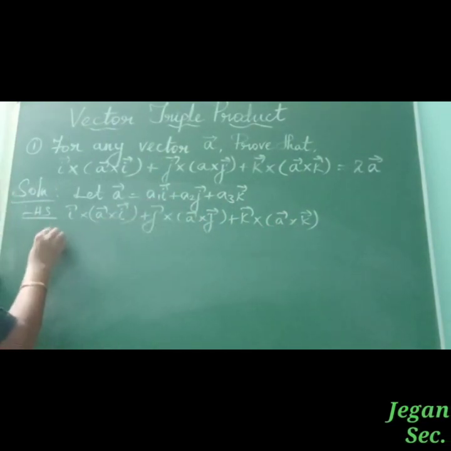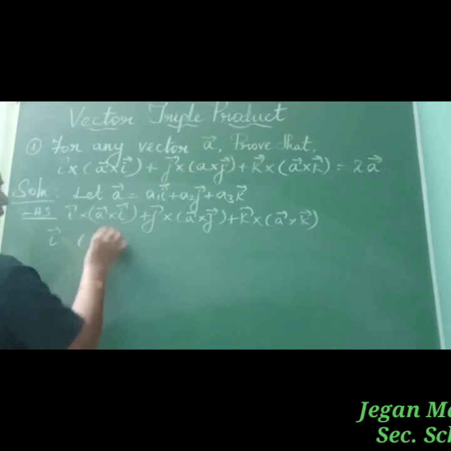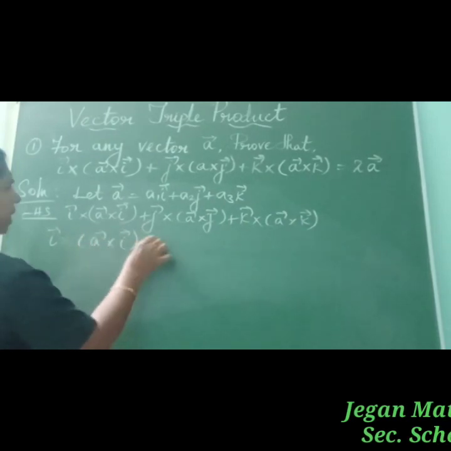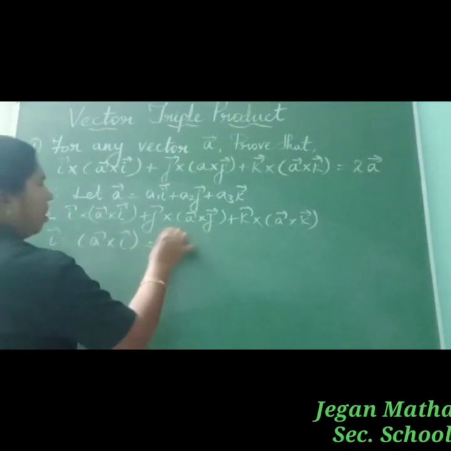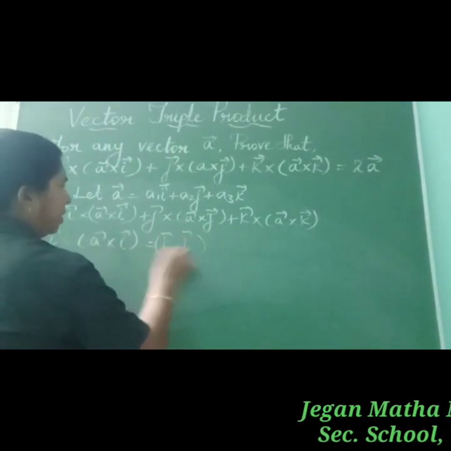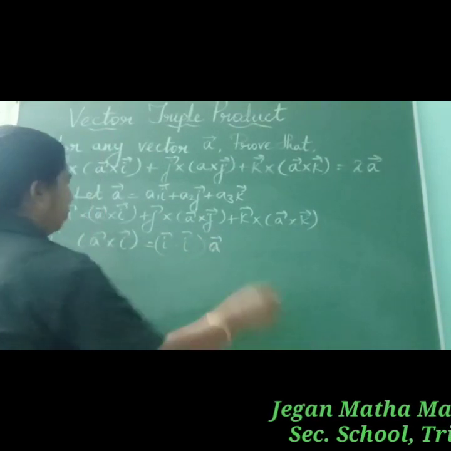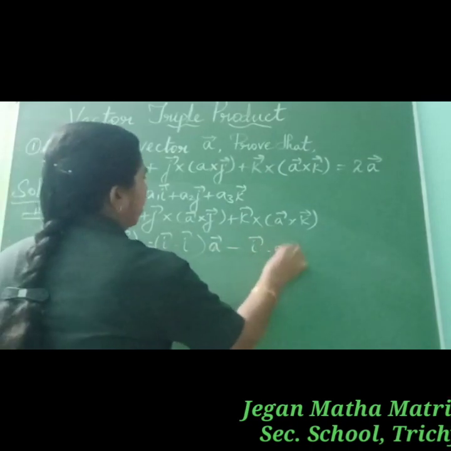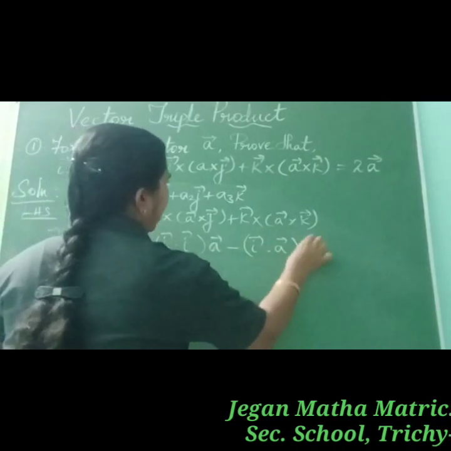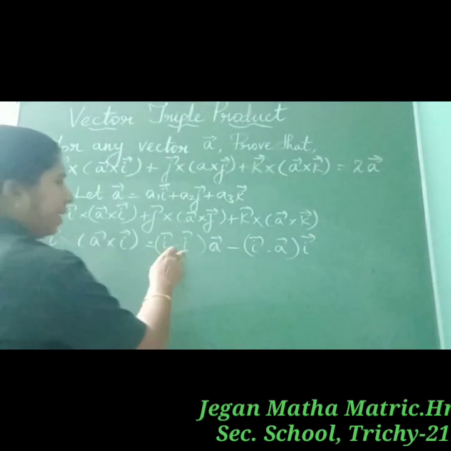Now consider each one separately. First one is I cross A cross I. This you can expand by vector triple product. That is I dot I into A vector minus I dot A into I vector. I dot I, already we discussed, is 1.